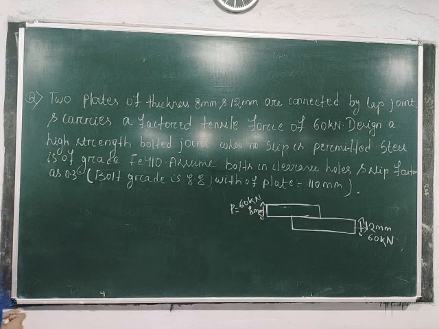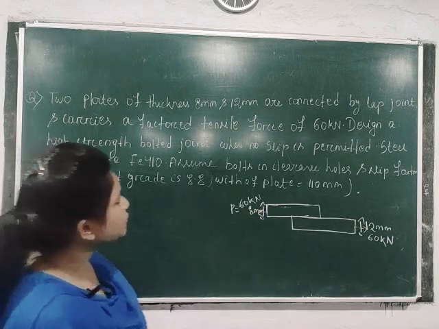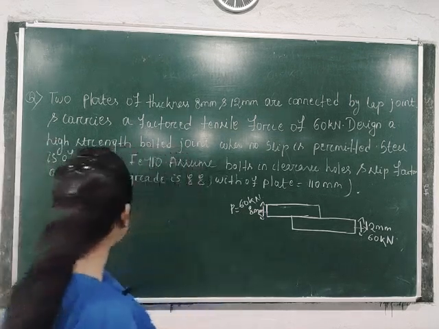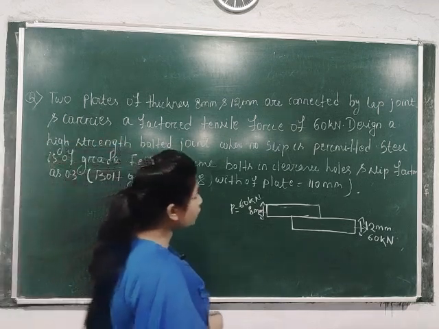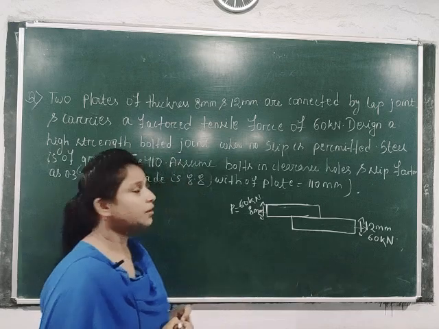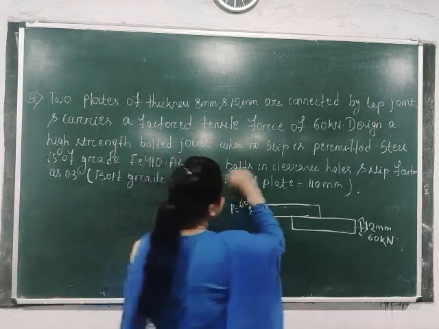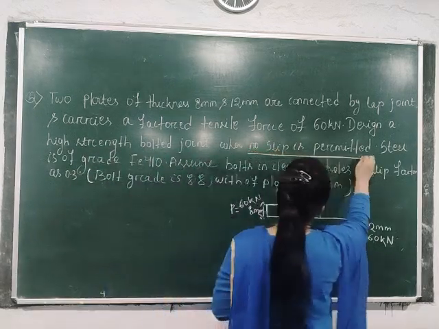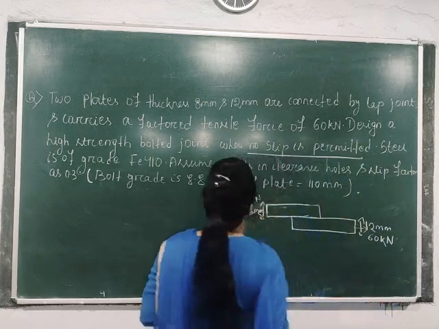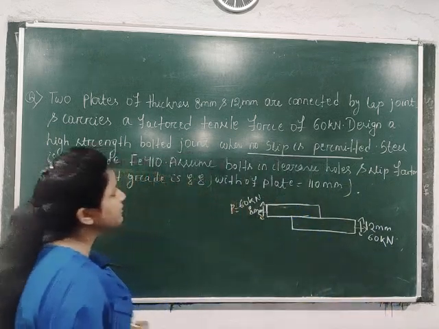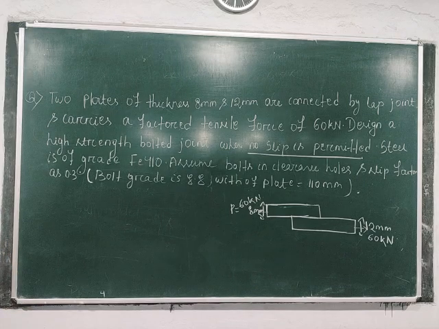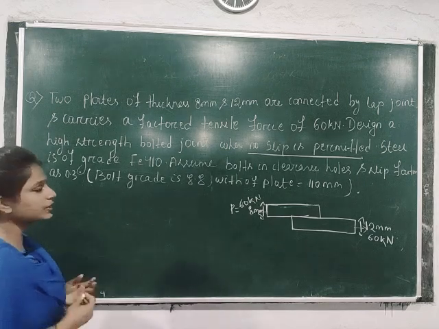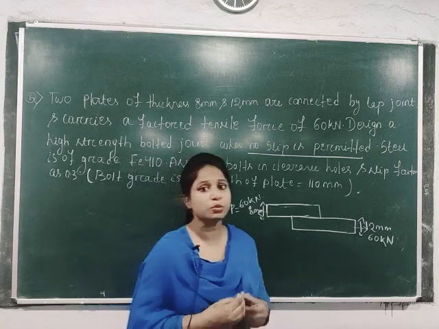Then it is asked to design a high strength bolted joint when no slip is permitted. The condition is that no slip is permitted. That means it is the slip critical connection, meaning there will be no slip between the surfaces of the two plates.